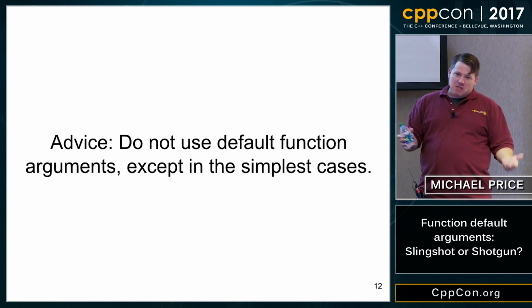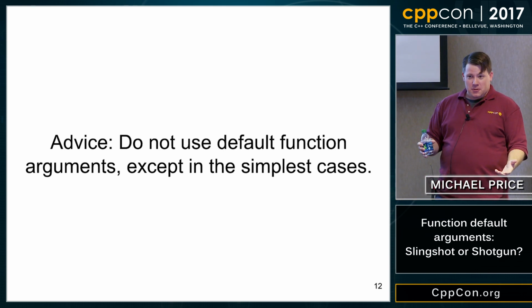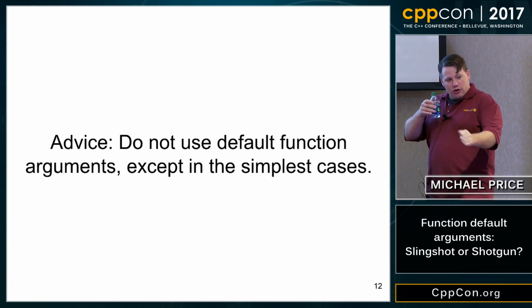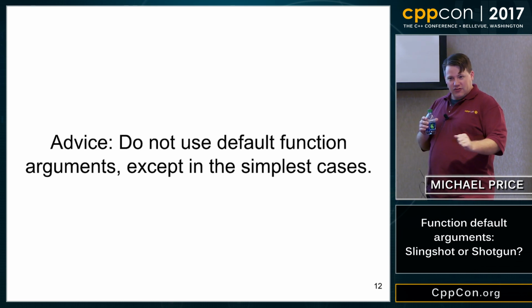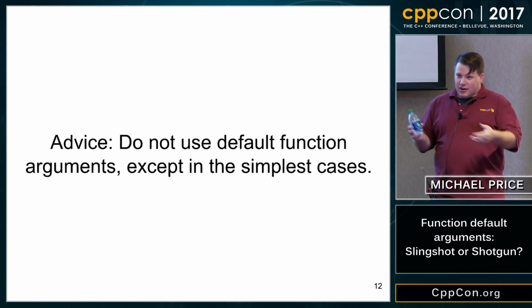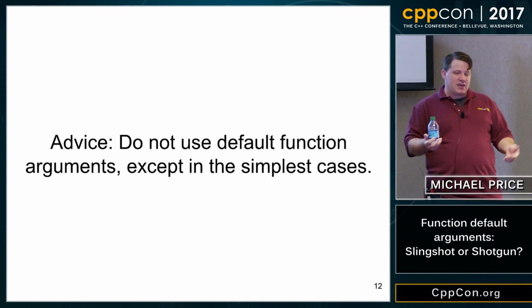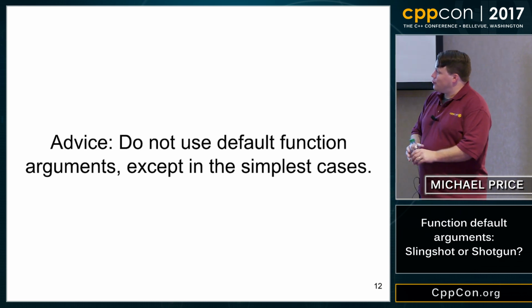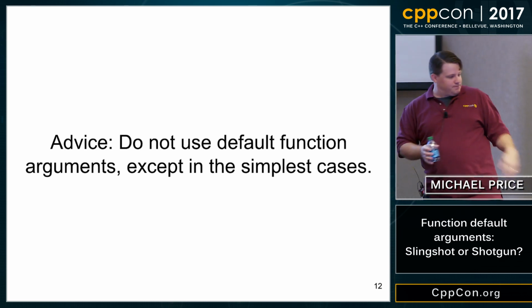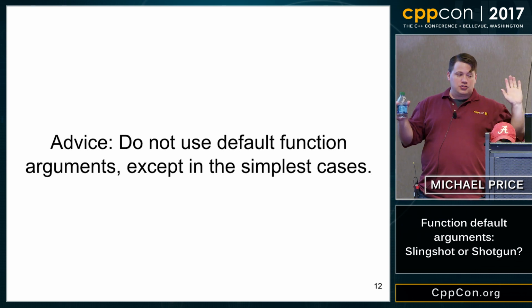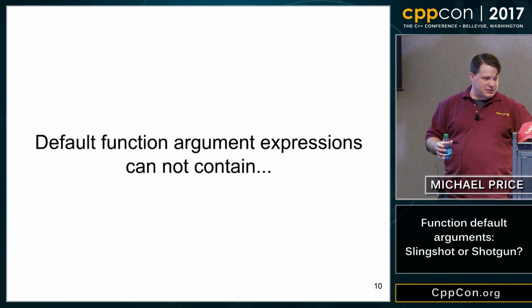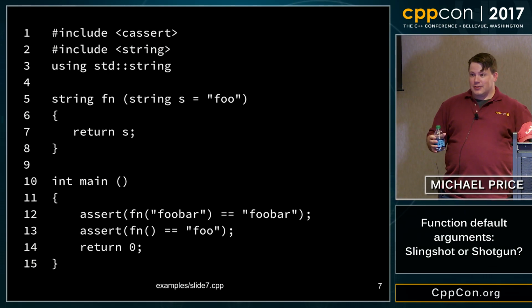A slingshot can hurt and can be very dangerous, but usually it's a little finer, more precise. So we've got to decide, what is it? I'm going to say it's mostly a shotgun. If you use it carefully, it can be a slingshot. So my advice: don't use them. Unless it's that simple case that we saw right there, just don't. If you're tempted, don't do it.